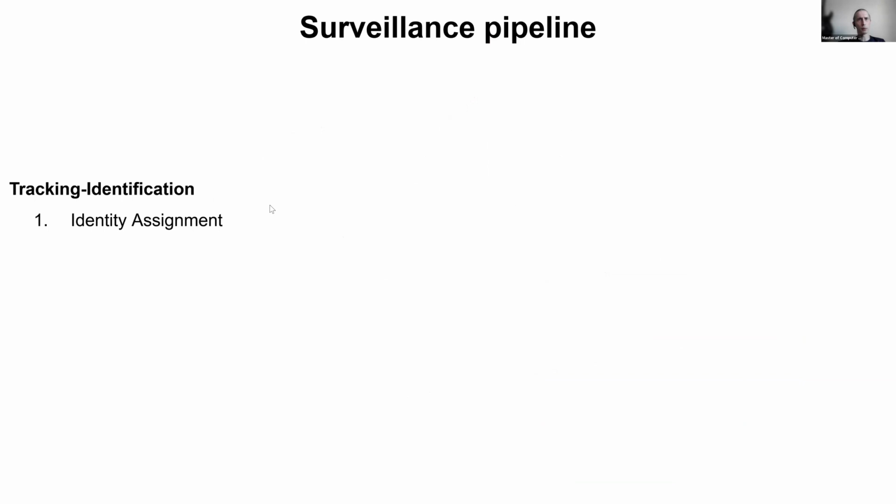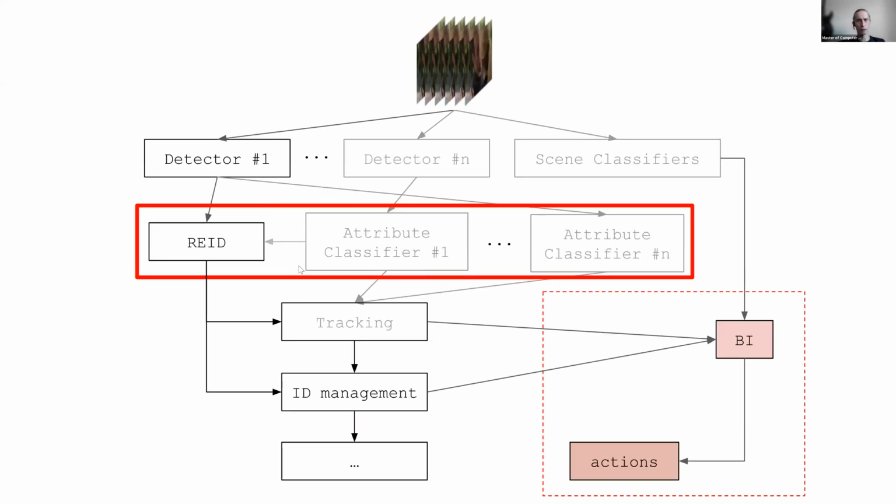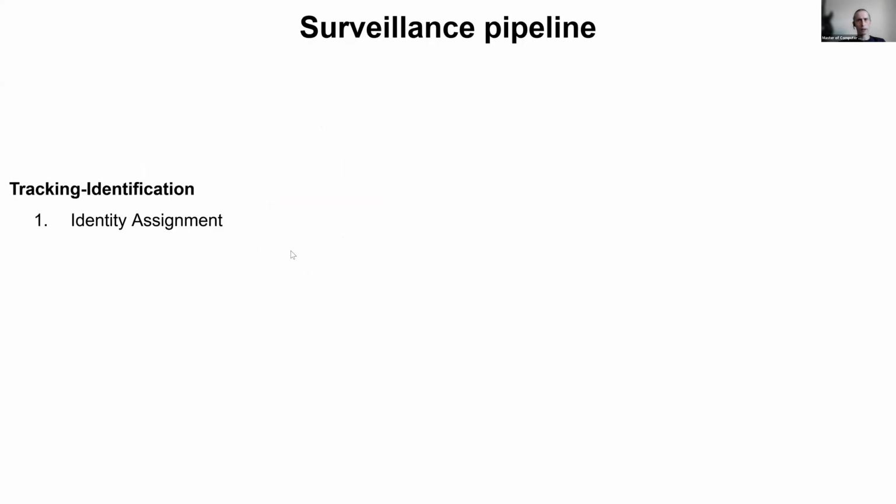To begin with, let's perform a fairly simple procedure. Using our identification features, identification signals from the previous stage, assign to each detection on the frame an identity from our identity database or create a new identity.